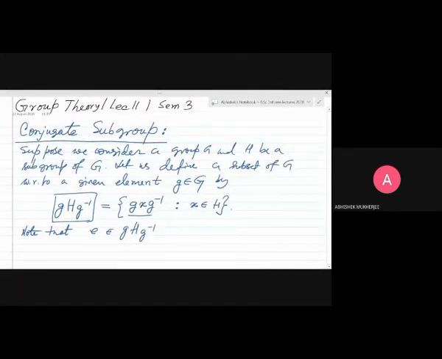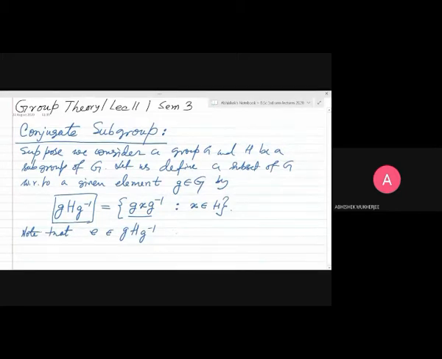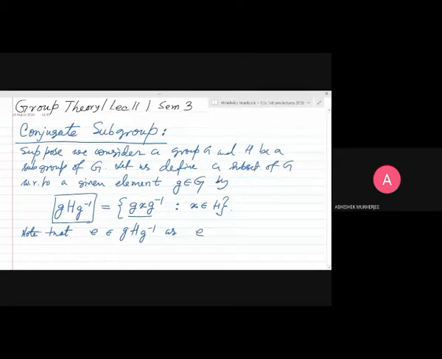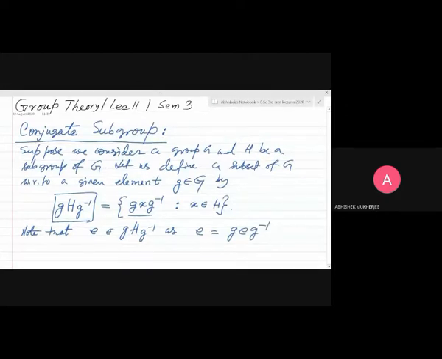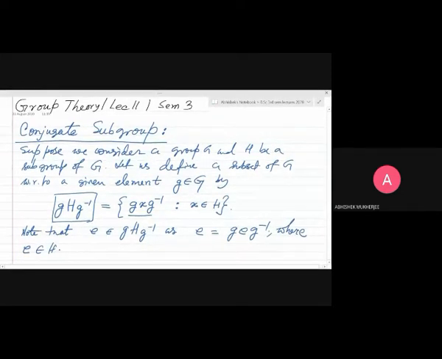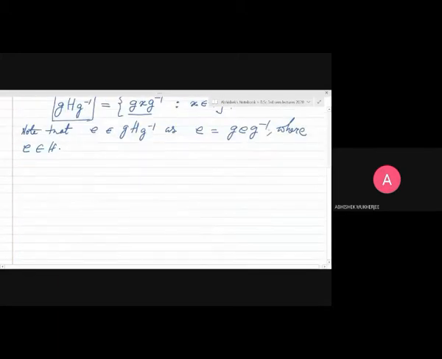Why? As E can be written as G E G inverse, where being a subgroup, E must be in H, right? So therefore the identity is in G H G inverse.